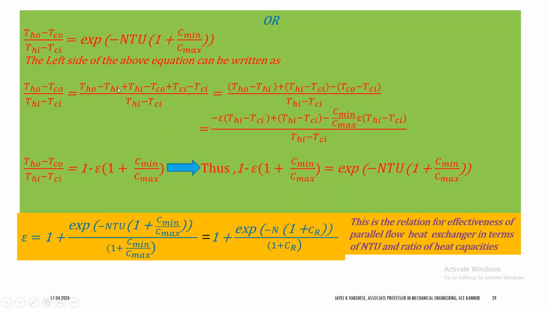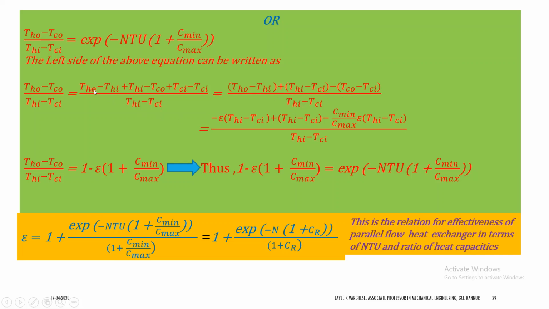So I take THO minus THI. This will be a useful term, because once I get either THO minus THI or TCO minus TCI, etc., this can be related to THI minus TCI either directly or with the help of epsilon and epsilon C min by C max, etc.